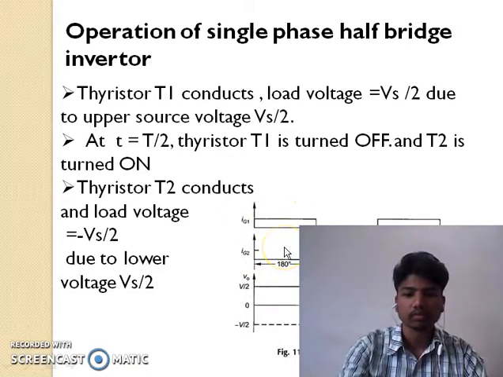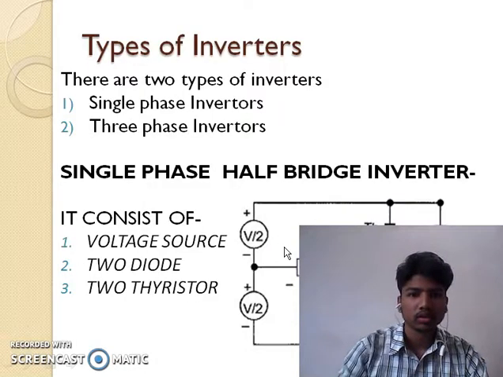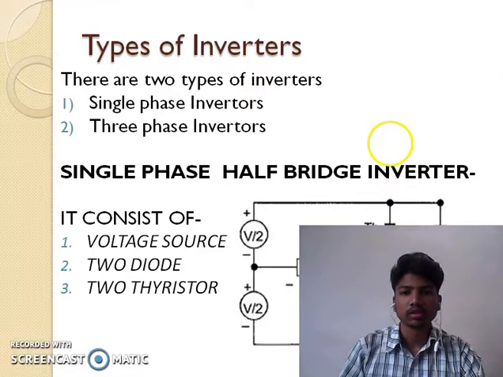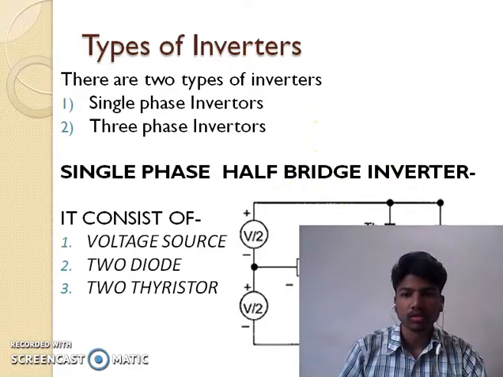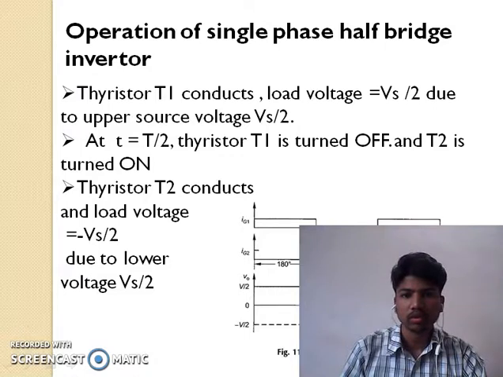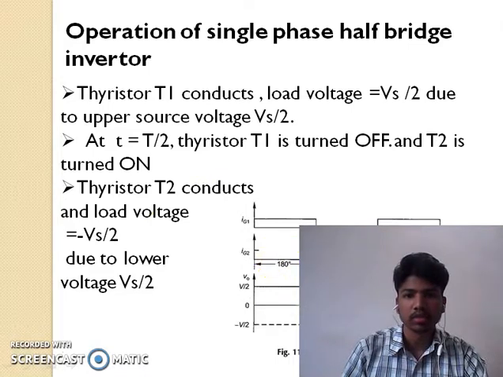Again, when thyristor TH1 is off, TH2 is on, and we get this waveform from T by 2 to T. Thyristor T2 conducts and the load voltage is minus Vs by 2. The output waveform is from minus Vs by 2 to Vs by 2.